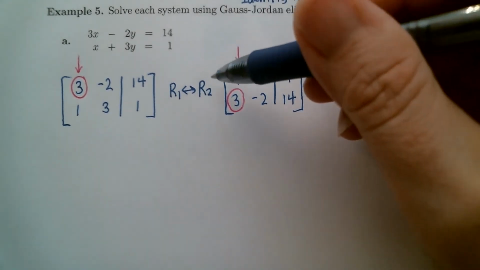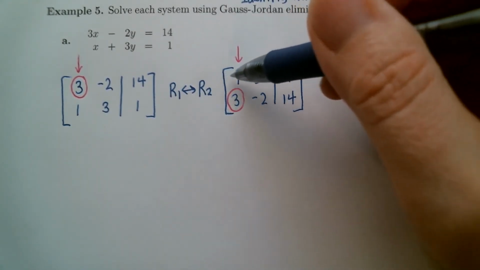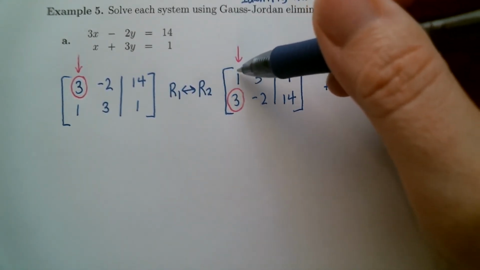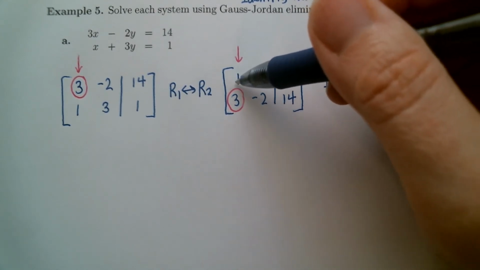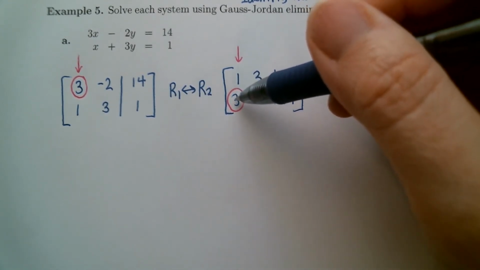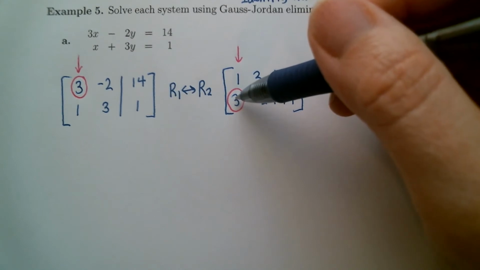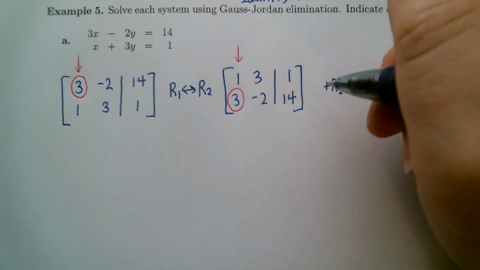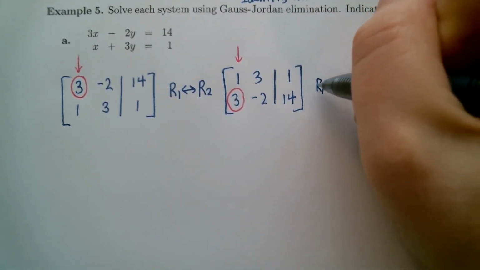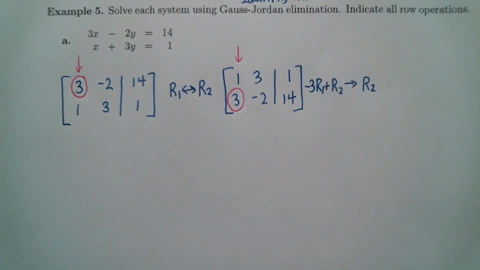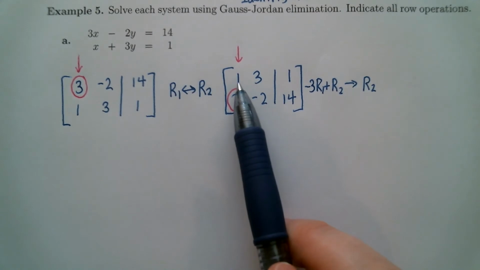If I multiply row 1 by negative 3, that would put a negative 3 right here. And then I can add it back to positive 3, and then I will have my 0. So I'm going to take row 1 and multiply it by negative 3. I'm going to do negative 3 times the first row.